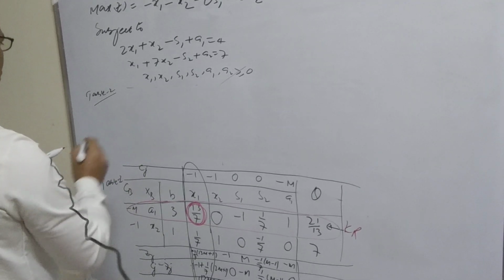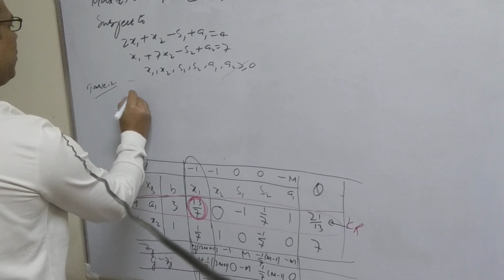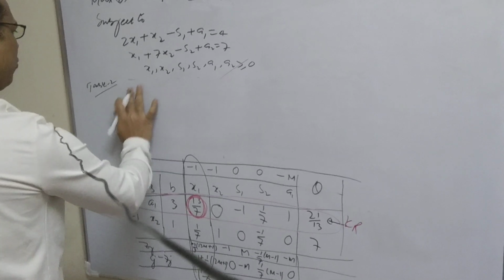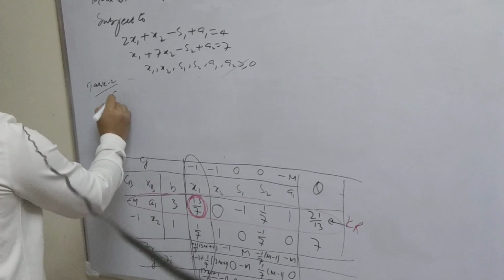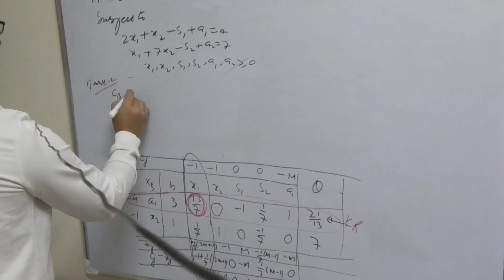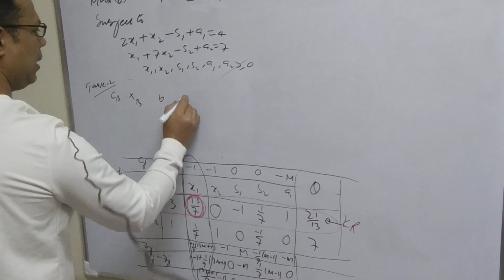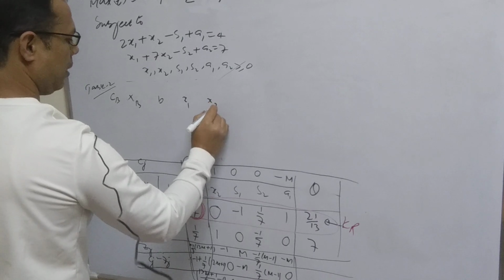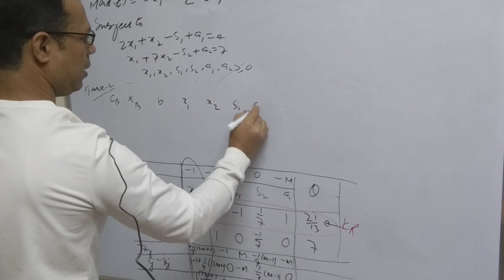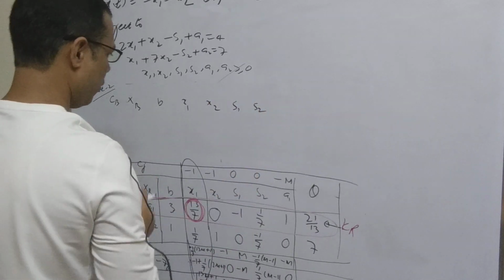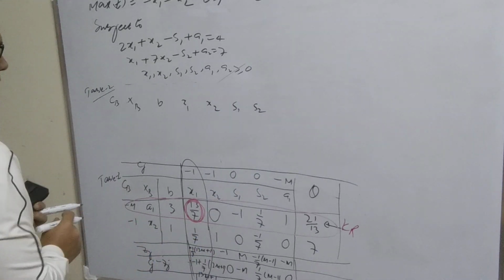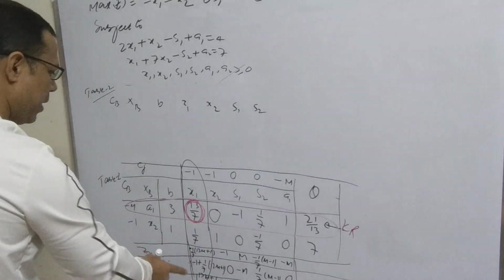So now we are going to write the new table. Same CB. It's better to write in front of this value, so it will be easy to compare. CB, then XB, then B, then X1, X2, S1, S2. Now we'll see which one is going to enter into the basis.